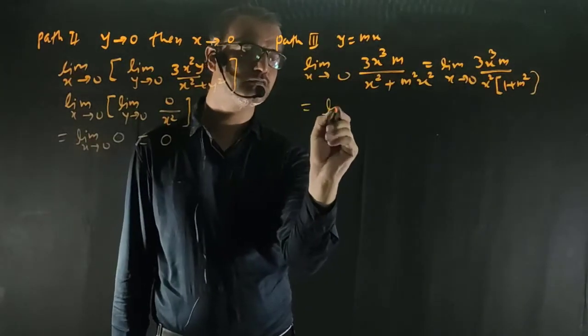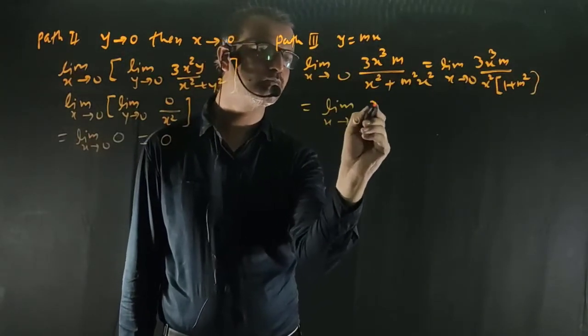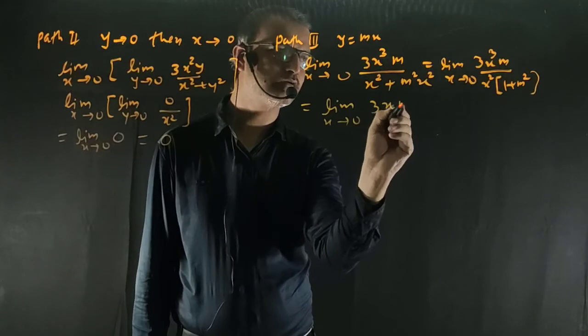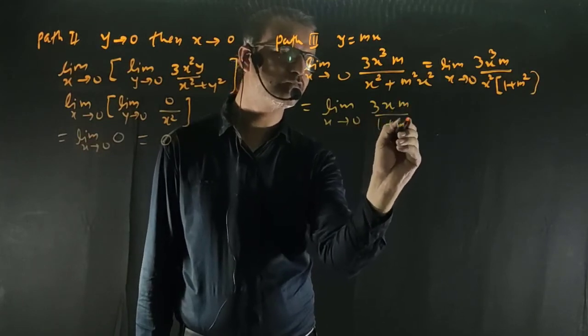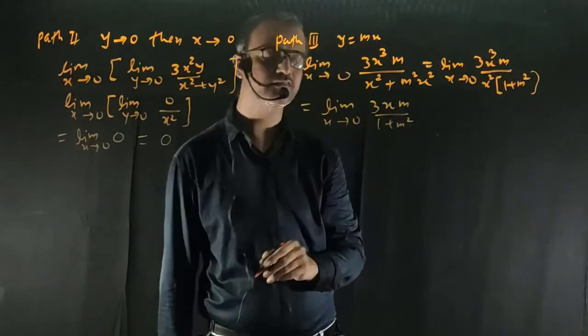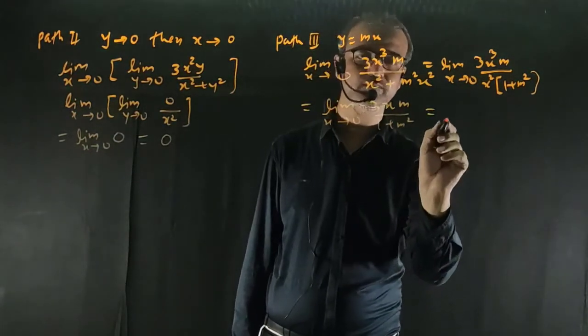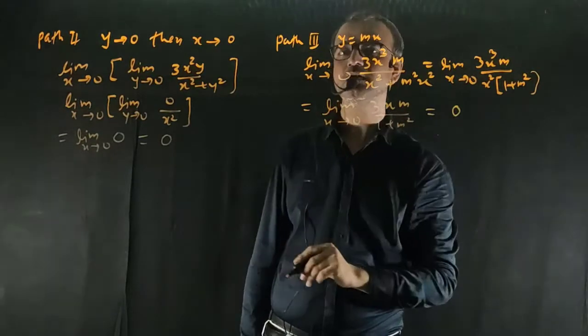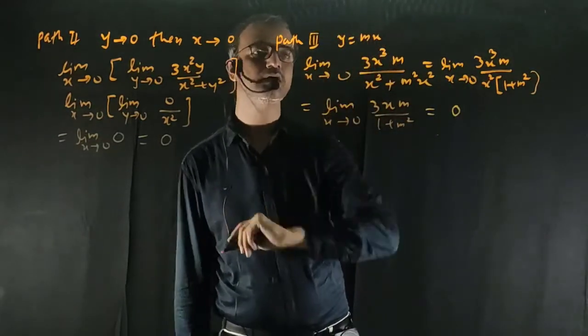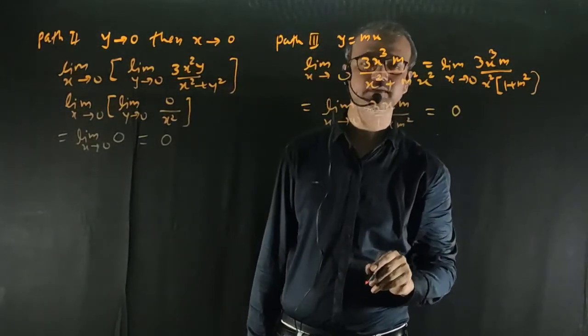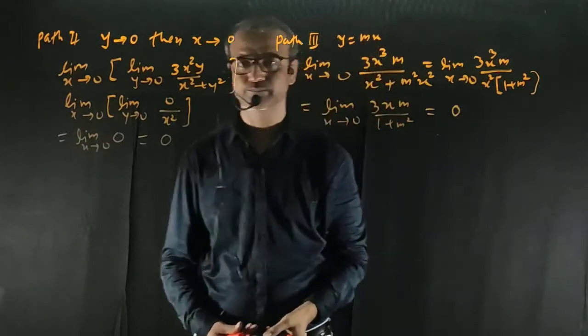So this equals limit x tends to 0, 3 times x into m over 1 plus m square. Now if we put the value of x equals 0 in the numerator, the result is 0 divided by 1 plus m square. So the limit of the given function along path 3, that is y equals mx, is again 0.